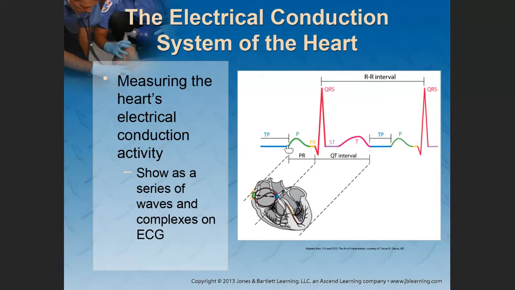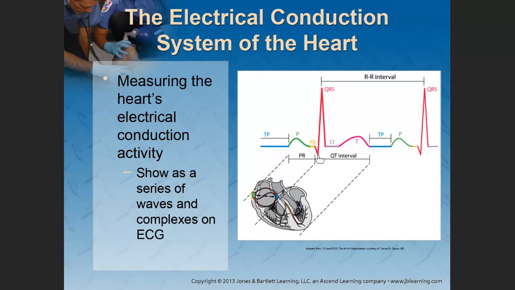So when the electrical current is leaving the atriums, so that the ventricles can fill up with blood, then it moves into the ventricles. So it can't reach the ventricles while there is no blood inside of them, so it slows down, right? So that's the P wave and the PR segment.